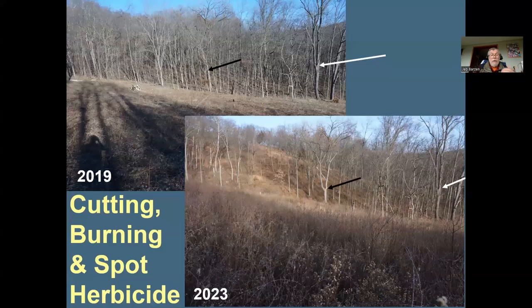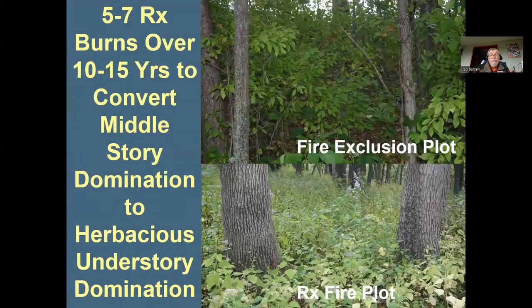So again, cutting and spot herbicide and burning are great ways of doing integrated pest management for the pest species that we have. And as an example of what fire alone can do, this is not a photo point, but this is what a typical oak forest in Sauk County looks like, which is a dominated shrub middle story, trees in the overstory, and almost nothing on the ground.